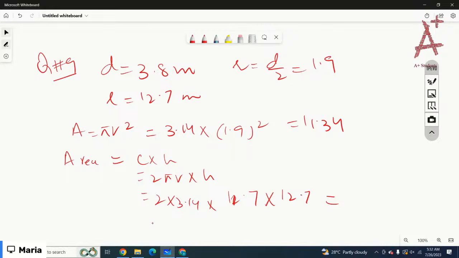R is 1.9, not 12.7. So it would be 2 times 3.14 times 1.9 times 12.7. That is 151.53.